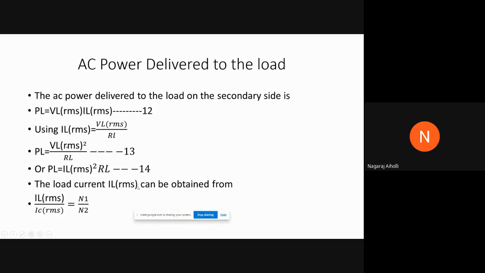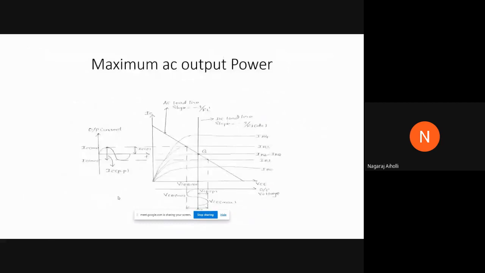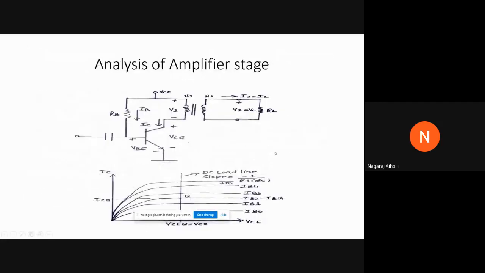The load current IL RMS is obtained as, here we are using the transformation ratio equation of the transformer, that is I1 by I2 is equal to N2 by N1, or I2 by I1 is equal to N1 by N2. That is IL RMS, our I2 secondary current, divided by primary current. Primary current is the collector current, that is IC.